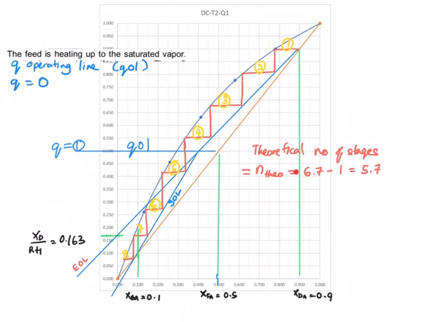This is to show that 6.7 is the value of the stages that you get from your graph, and then you know that you need to minus 1 because this involves the reboiler. Therefore, the theoretical number of stages is the value that you get after you minus 1. Okay? Alright.